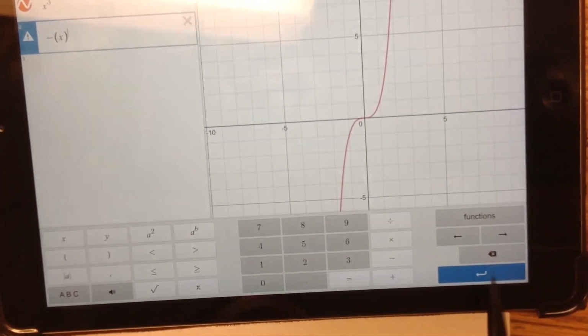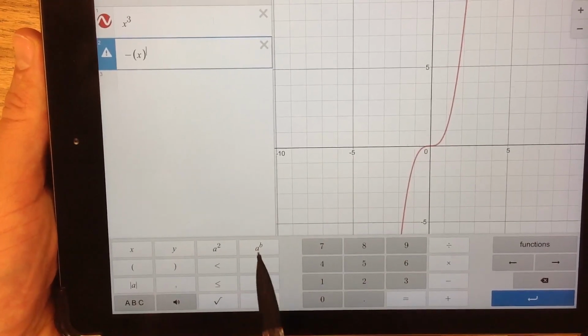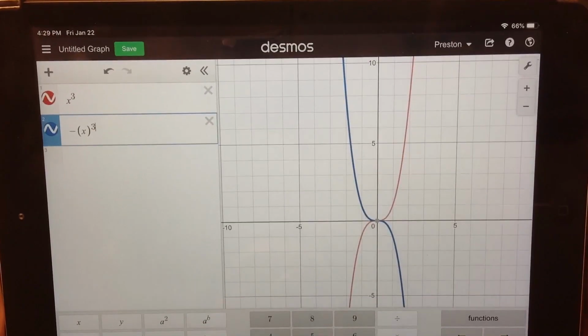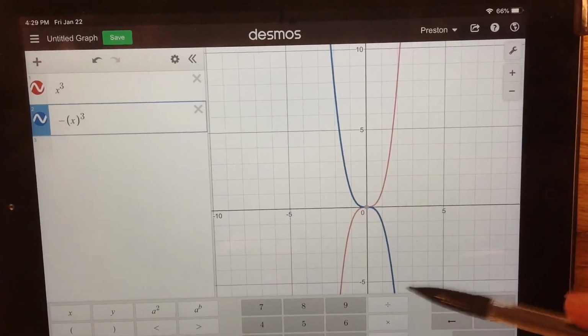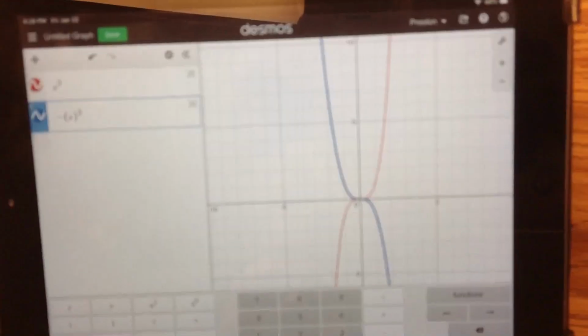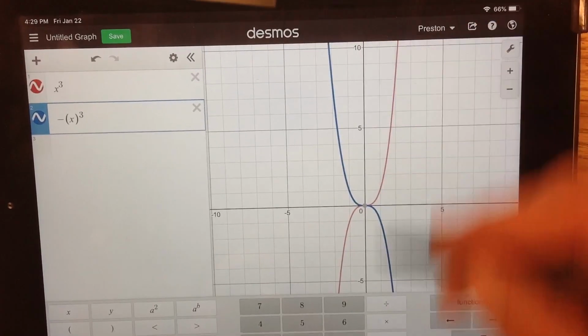So I go and here to the third. So I end up with this. So how do I get from the red line to the blue line? This one reflected over the y-axis, which again, we're going to call the line x equals 0.